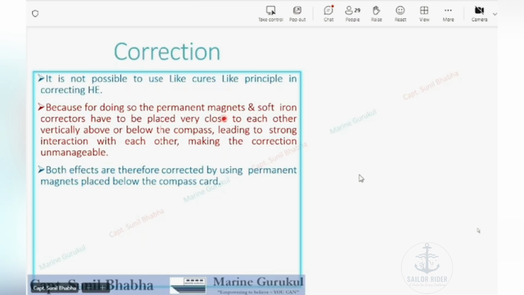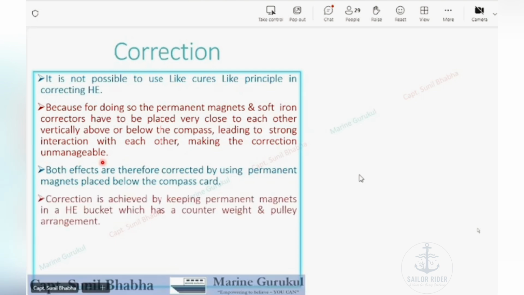The permanent magnet is going to generate a lot of induction in the soft iron corrector, making the correction unmanageable. So because of this reason, both these effects, permanent heeling error as well as induced heeling error, are therefore corrected by using permanent magnets placed below the compass card.